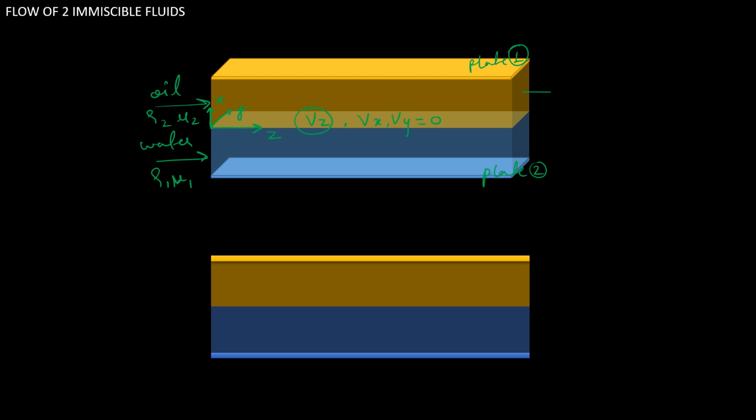Oil is obviously less dense than water. So we got this relation, rho 2 is less than rho 1, right?